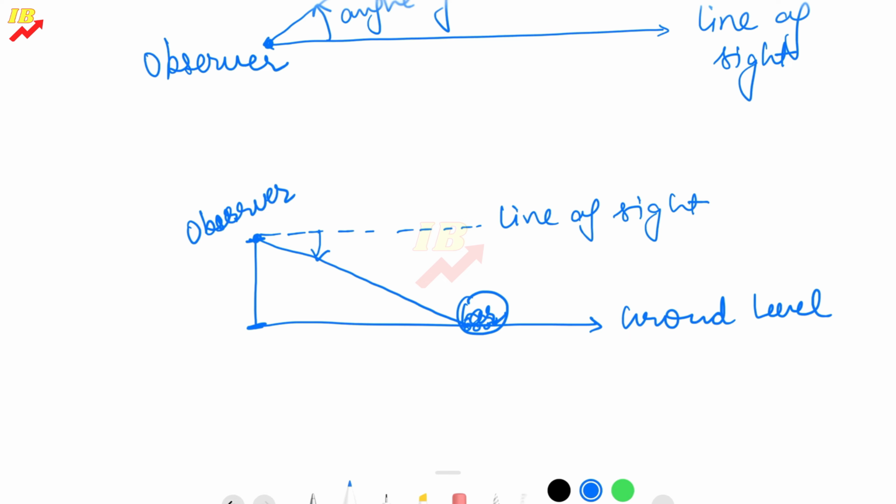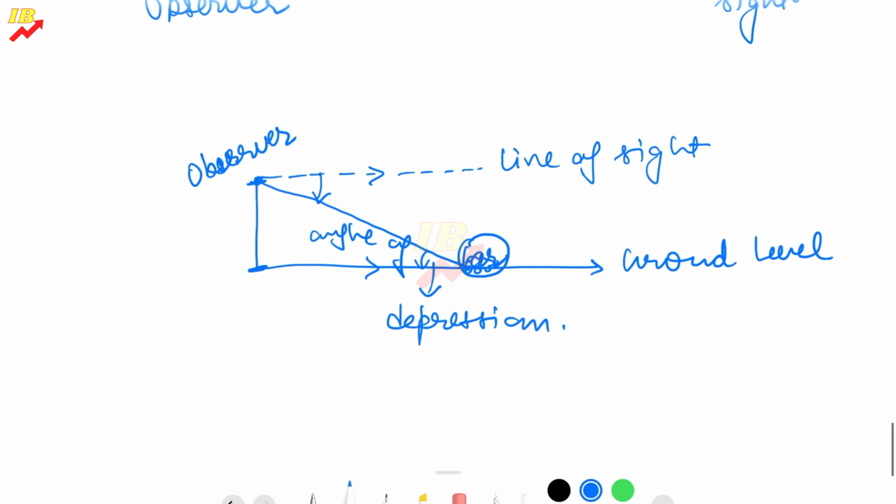Here the ground level and line of sight are parallel, so we can easily say that this angle here is the angle of depression. Both of these are equally important, and they are the same. We are only talking about the line of sight in both of these directions.